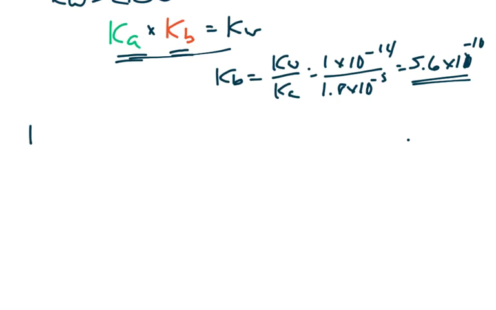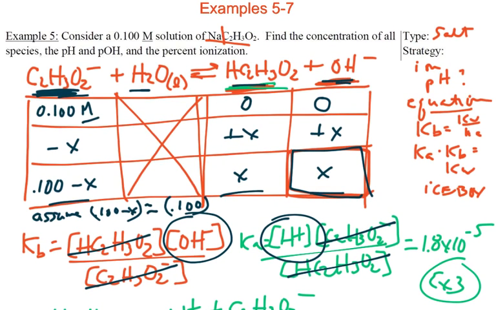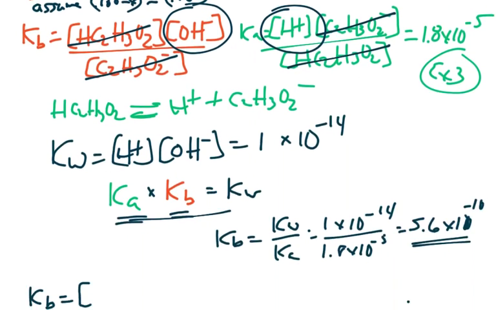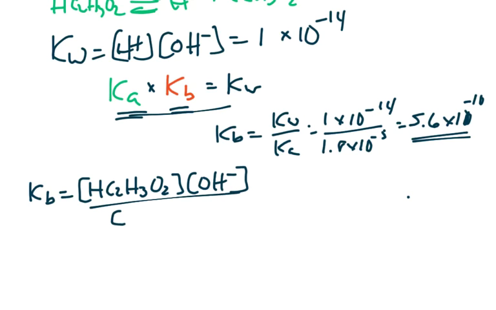So here I say my Kb is equal to the concentration of, what was it again? Acetic acid and hydroxide, all over acetate, and I have to know now that that is equal to 5.6 times 10 to the negative 10.